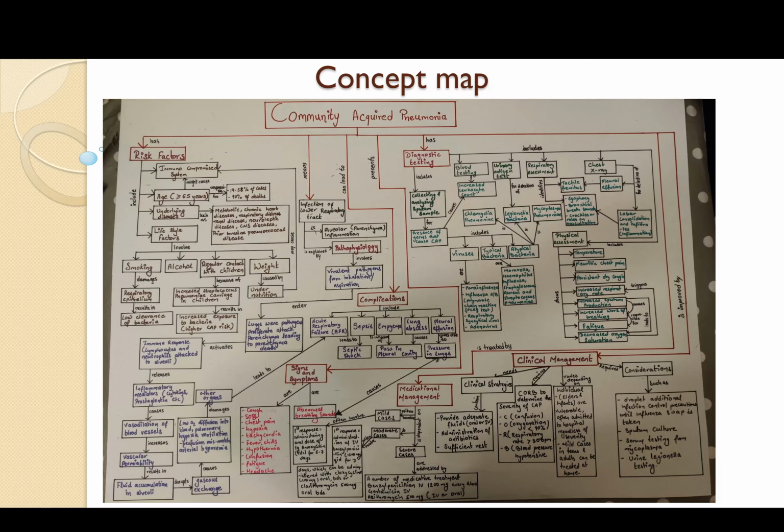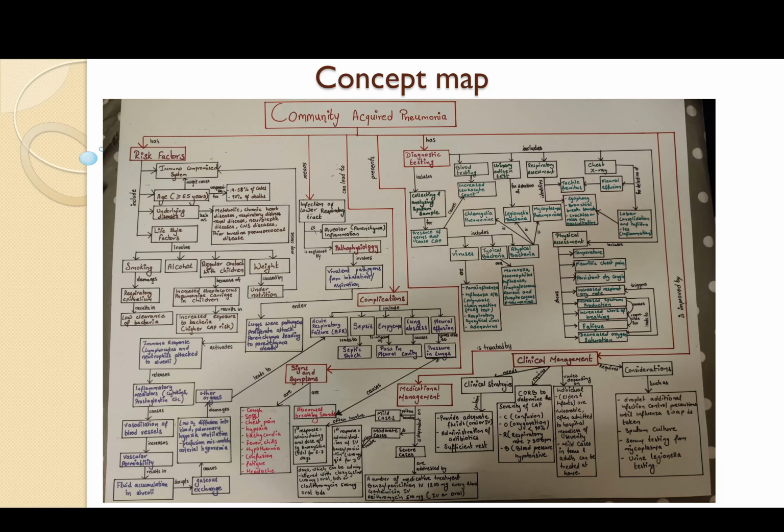In the pathophysiology part, we can see how disease occurs and how it's linked to complications and to signs and symptoms. In the complications itself, you can see there are acute respiratory failure, sepsis, empyema, lung abscess, pleural effusion, and how each presents symptoms.